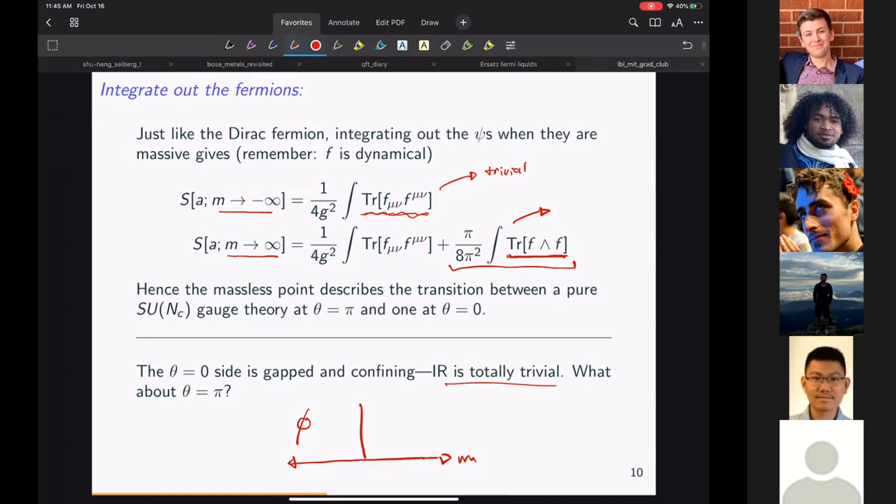Confinement in pure gauge theory is caused by these topological textures for the gauge field, and what this extra term we get from integrating out the fermion does is give these topological textures different phase factors. This is the topological charge, for people who know what that means, and so this is like e to the i theta Q as it appears in the partition function. So this gives phases to the instantons, which can cause some interference. Anyway, it's unclear exactly what this theory does in the IR. So at the moment, this is a question mark over here.